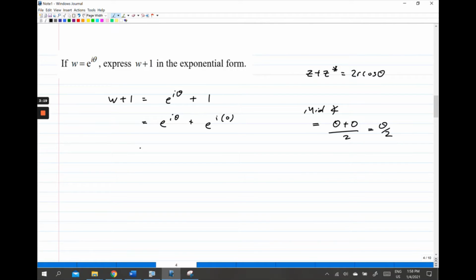So we are going to forcefully factor out the mid angle here. When I factor this out, you get e^(iθ/2) and this is e^(-iθ/2). This works like your laws of indices.